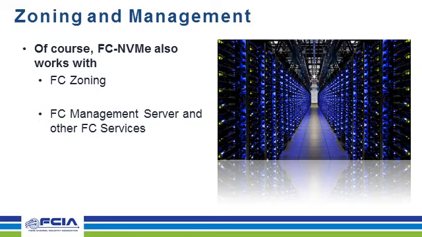That's right. The way it currently works, plus we also have the NVMe layer, which has the information that's specific to NVMe with the discovery controllers. Right. And then, of course, FC NVMe also works with existing services such as zoning, management server, and the other Fibre Channel services.